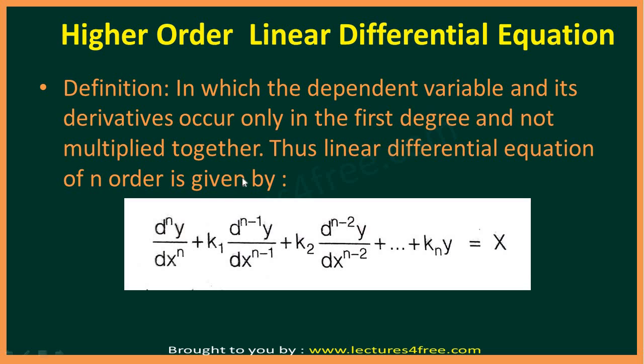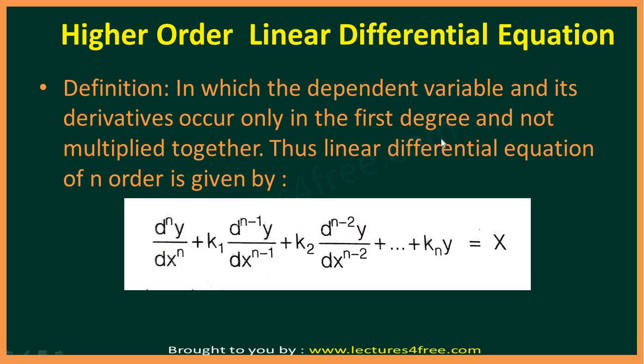Higher order linear differential equation means where the dependent variable, as we have seen earlier, dy upon dx, here y is the dependent variable and x is the independent variable.